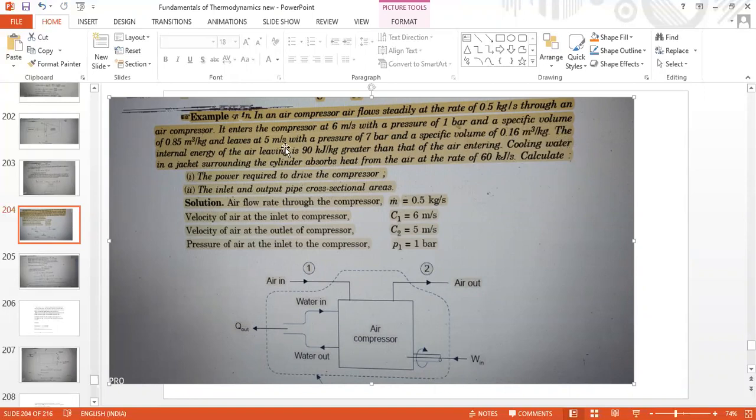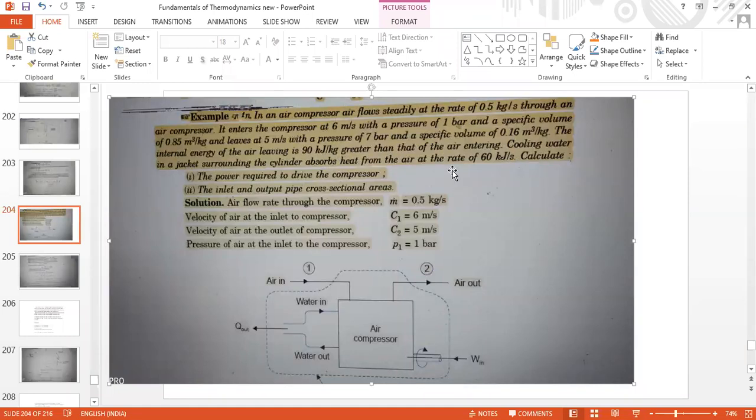And also the internal energy of the air leaving is 90 kilojoule per kg greater than that of the air entering. That means the internal energy U2 is greater than U1, and it is greater by an amount 90 kilojoule per kg. That means U2 minus U1 value is given directly: U2 minus U1 equal to 90 kilojoule per kg.